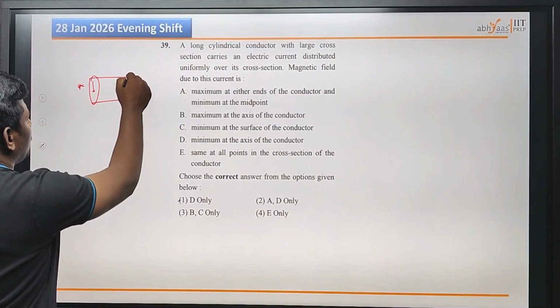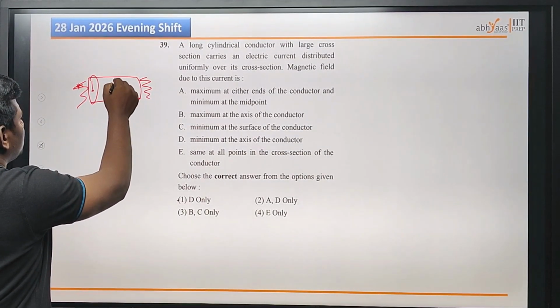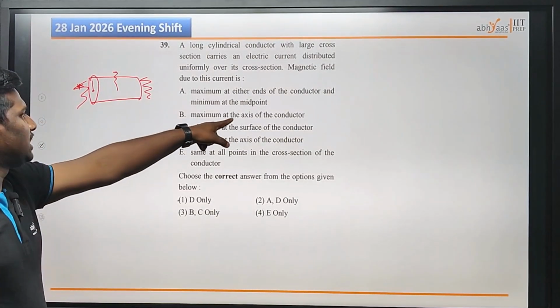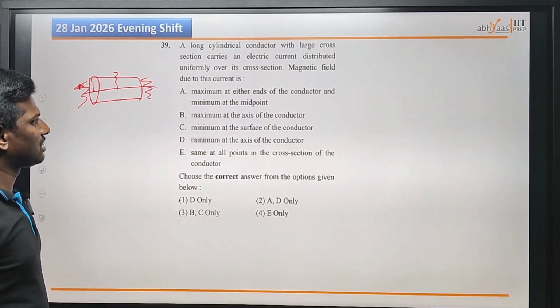Either sides have the maximum, and at the midpoint we have less magnetic field. Option B: B is maximum at the axis of the conductor.